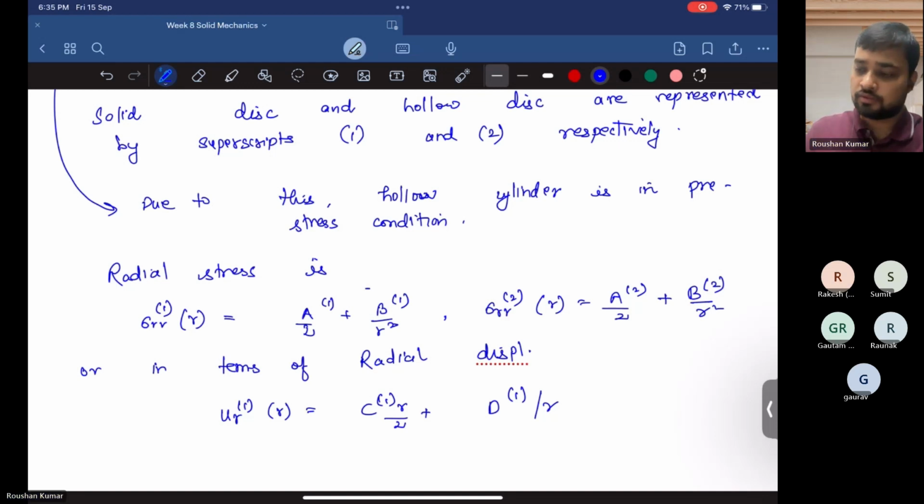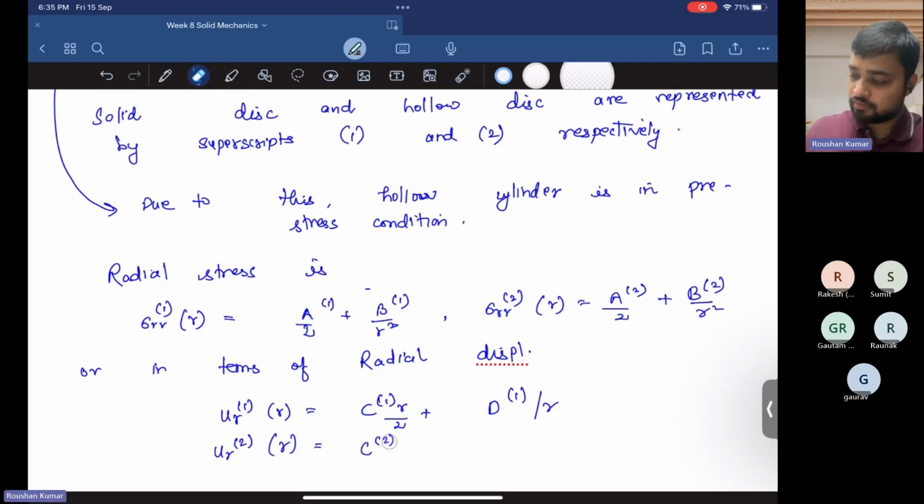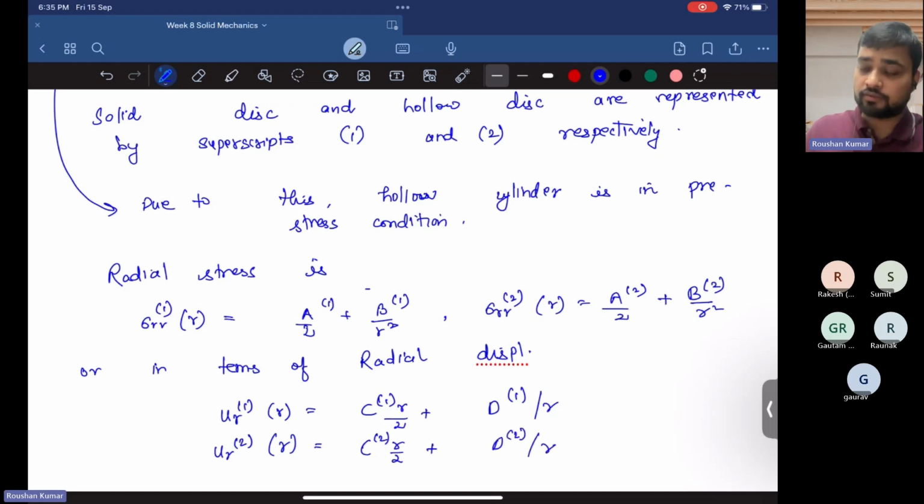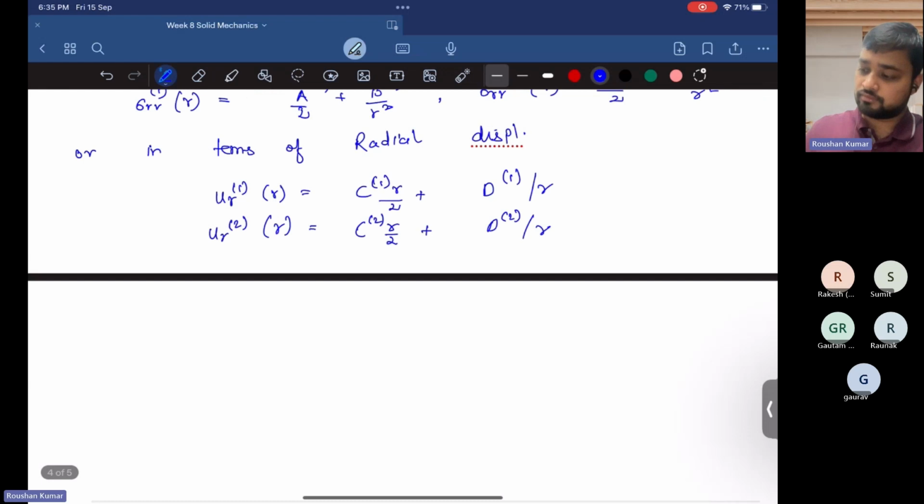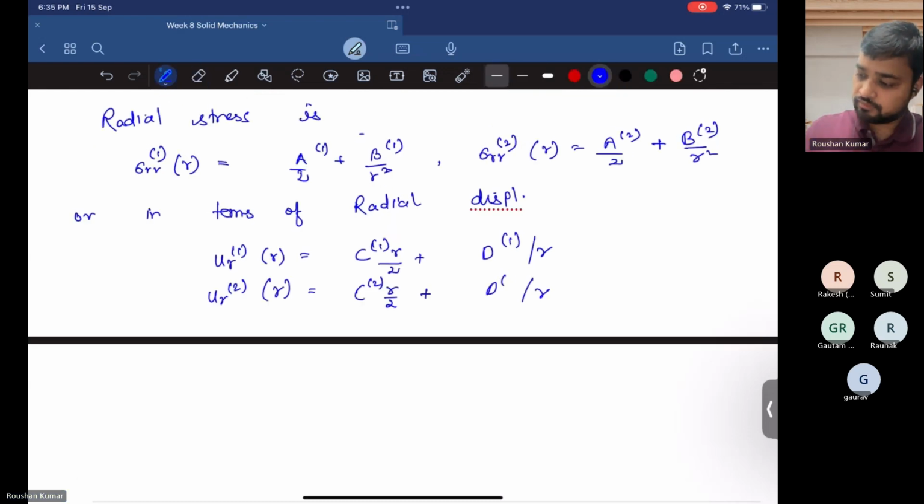Now the next case is you are at 2, at R equal to C at 2, C at 2 R by 2 plus D at 2 upon R. And for the current problem, where axial strain, here we already mentioned in the question that there is no displacement along the z direction.